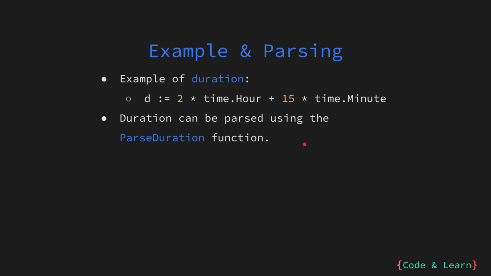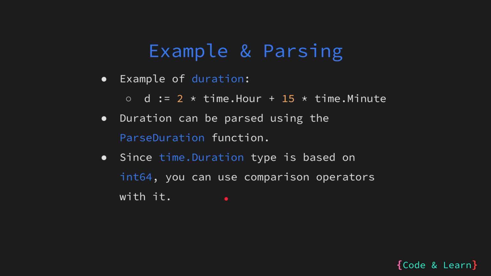You can also parse a duration from a string using the ParseDuration function, which accepts a time string and returns the duration or an error if there's an error while parsing the duration from the provided string. Since the time.Duration type is based on int64, you can simply use the comparison operators to compare time durations.